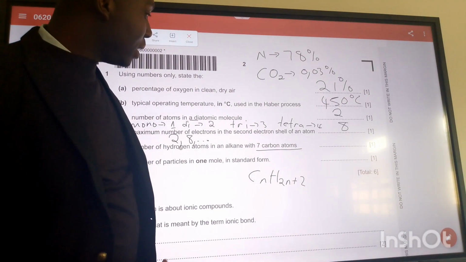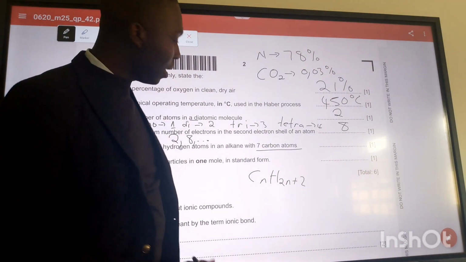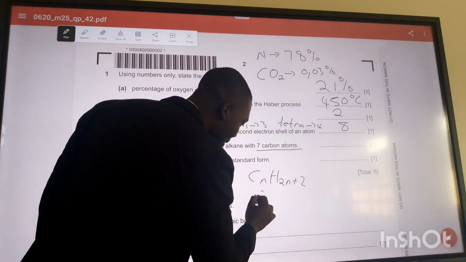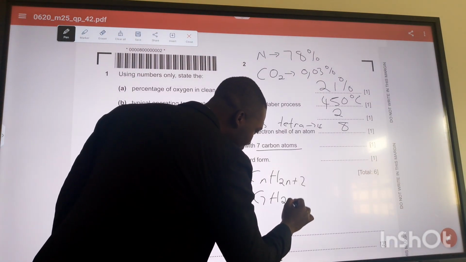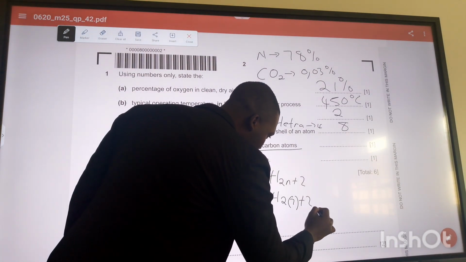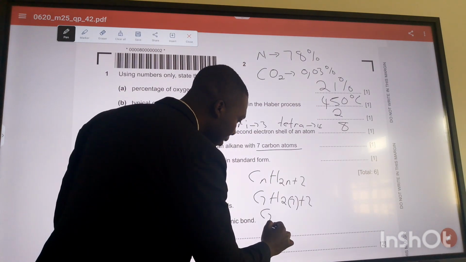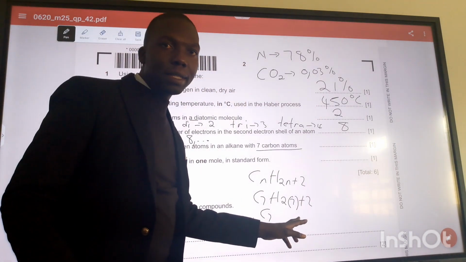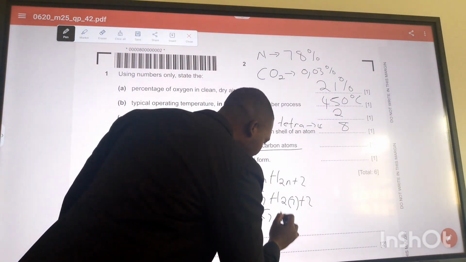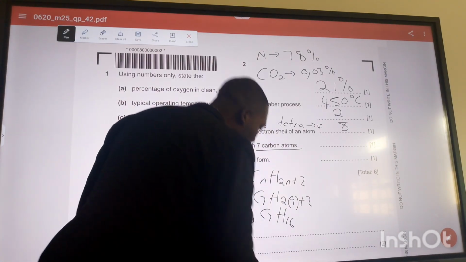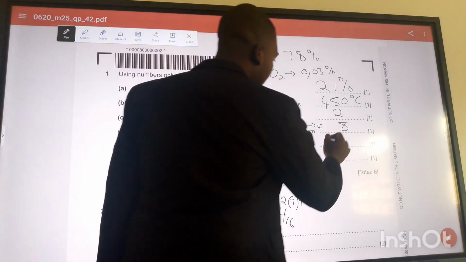N is the number of carbon atoms. So since here it is 7, I'm going to say C7H(2 multiplied by 7 plus 2). So this becomes C7, 2 times 7, that is 14, plus 2. That is 16. So the number of hydrogen atoms that we have is 16.